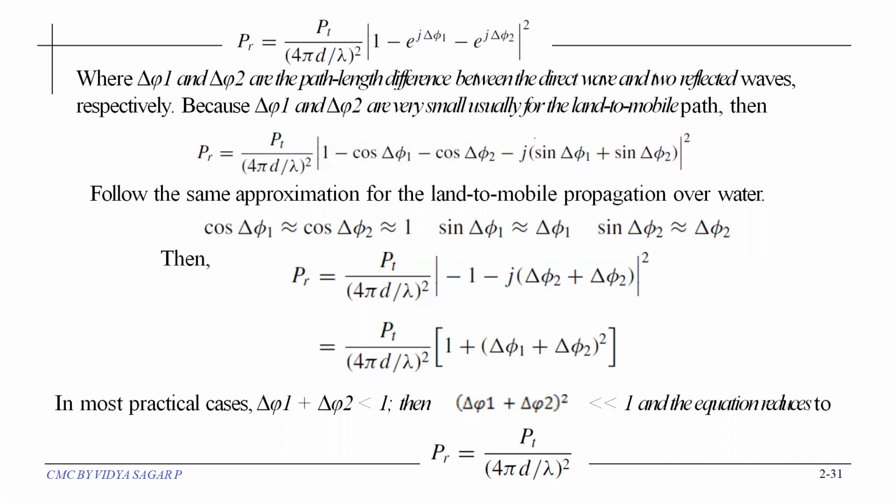P_r is equal to, that means received power is equal to transmitted power by (4 pi d by lambda) whole square. Right? This is the equation for received power for land to mobile transmission.